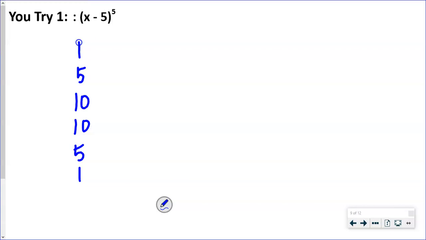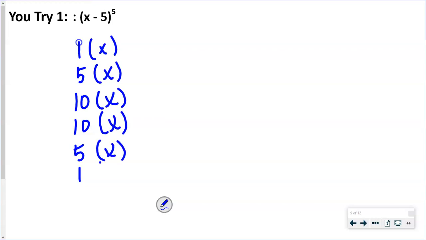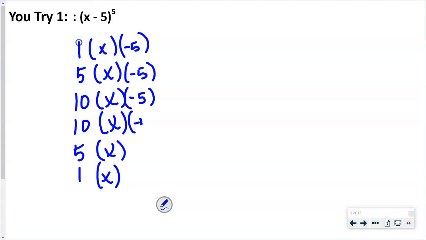So here again, we're going to put our x here. Okay? And then we're going to put our negative 5. All right, now we're going to do what we did before. We're going to write it in descending order.